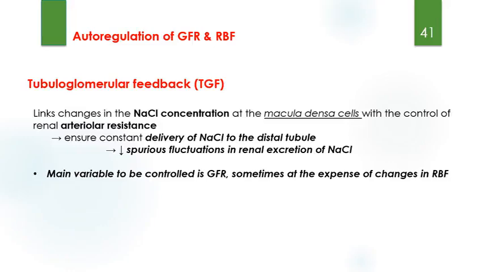For the juxtaglomerular apparatus and for the tubuloglomerular feedback mechanism, the main variable to be controlled is GFR, not RBF. Sometimes at the expense of change in RBF, the apparatus tries to maintain GFR at its normal level.